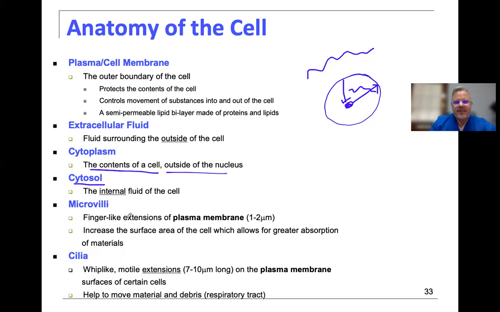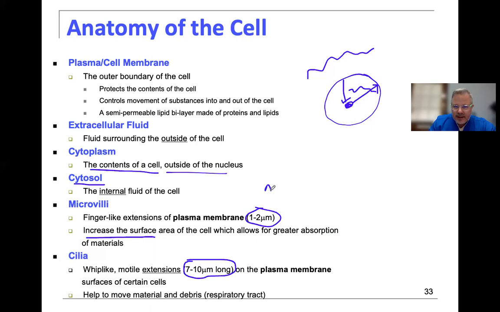Microvilli and cilia. So these are extensions that come off of the cell membrane. The microvilli are smaller, 1 to 2 micrometers, and then the cilia are 7 to 10 micrometers. When I think of microvilli, I think of two things, right?